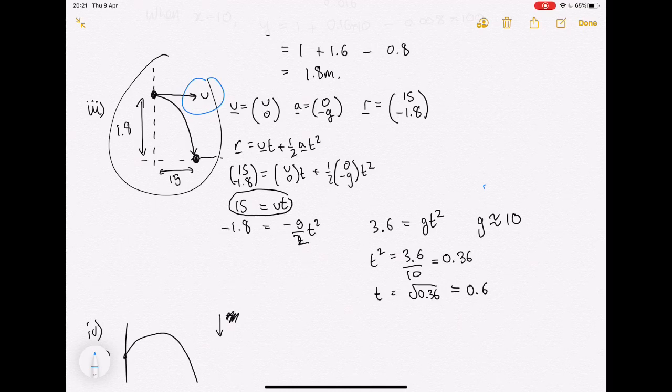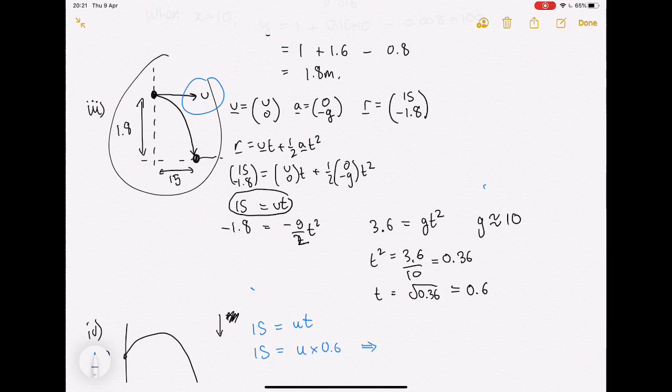So what do we know at the maximum point? We know that 15 equals ut. But we've just calculated t at the maximum point, so we can say that 15 equals u times 0.6.